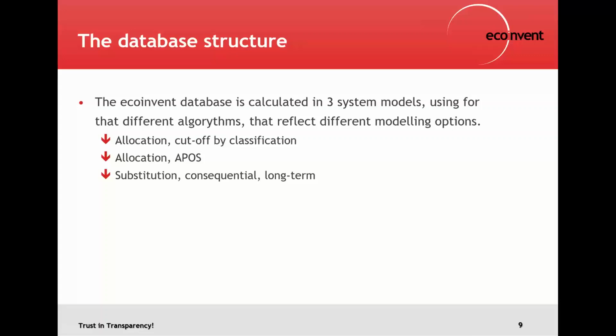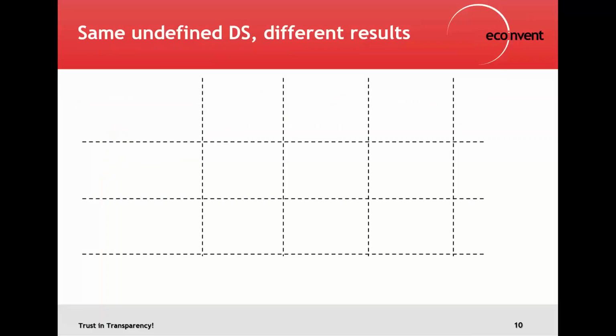So those are the 3 system models that you can read in the slide: allocation, cutoff by classification; allocation, APOS; substitution, consequential, long-term. And let's represent with a scheme how everything is constructed, and everything is based on the same undefined database, on this same collection of unlinked multi-output uniprocesses.